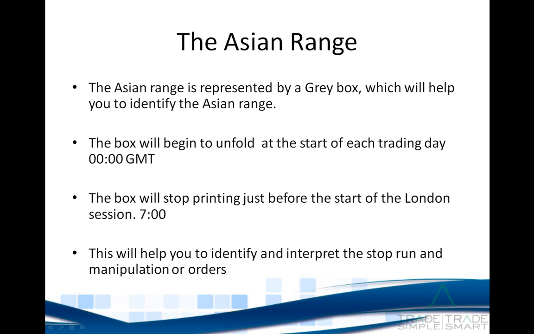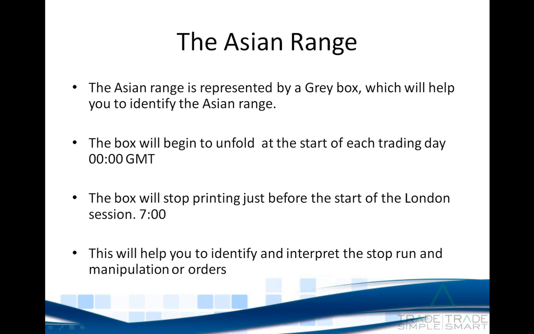So on your charts, the Asian range is represented by a grey box, and this grey box will help you to identify the Asian range. Now, the box will typically begin to unfold at the start of each trading day, and we set this to midnight GMT. Okay, so the beginning of the Asian range and the grey box should be set to begin painting at the beginning of the trading day, which is 12 o'clock GMT.